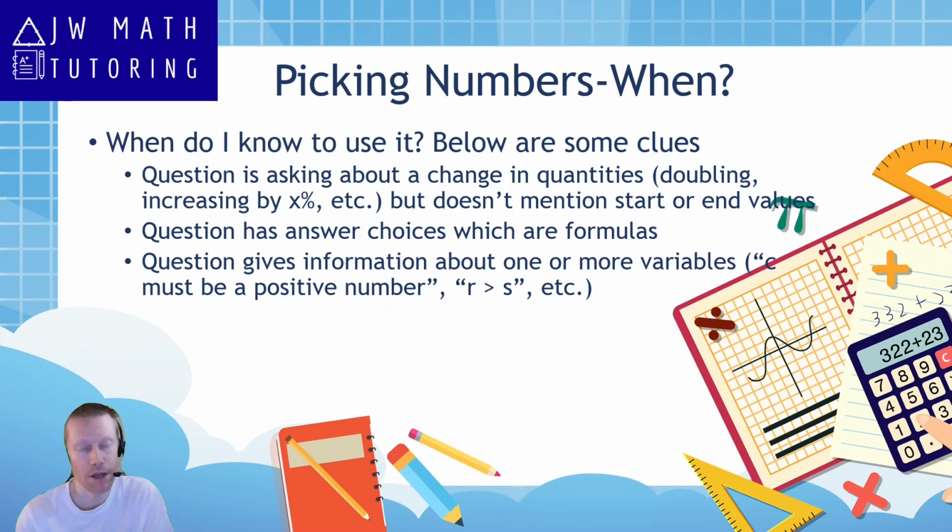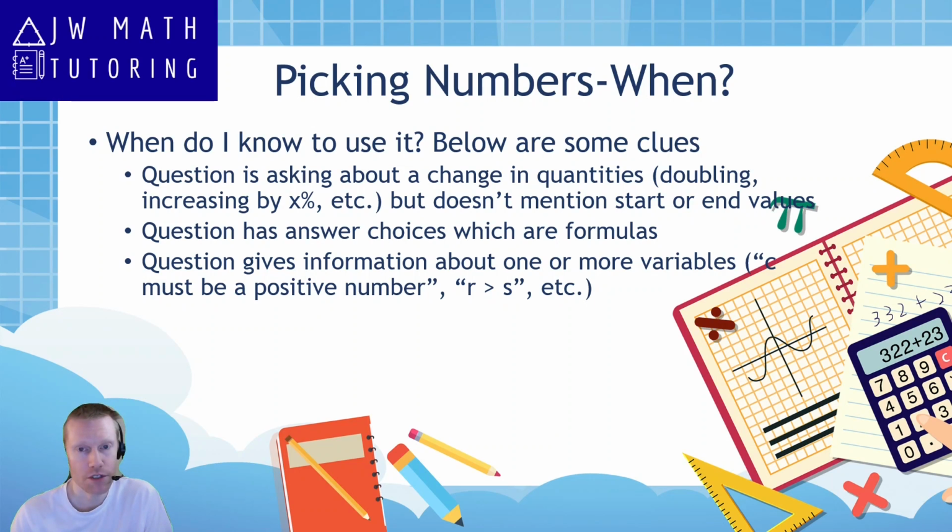Like I said, it might say something increases by X percent or decreases by Y percent instead of increases by 20% or decreases by 15%. When you see something like that, that's a good clue that picking numbers would be a good strategy to use.